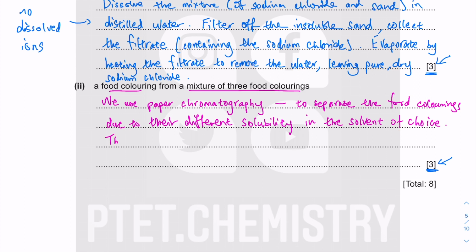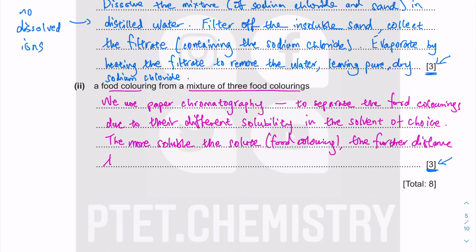Okay, so the more soluble the solute, meaning the food coloring, the further distance the spot, meaning the solute, will move up the filter paper.